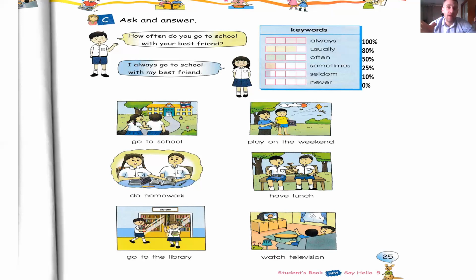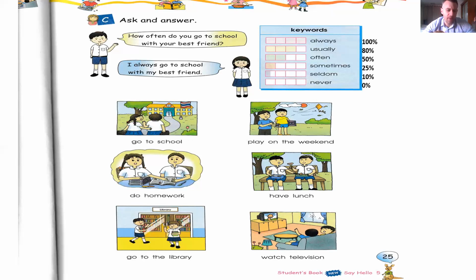Maybe you sometimes have a lot of homework, so you don't have the time to play on the weekend. So maybe you can use usually. I usually play on the weekend. About do homework, I hope that you will use always. I always do homework. Have lunch, obviously, and I hope that you will always have lunch.